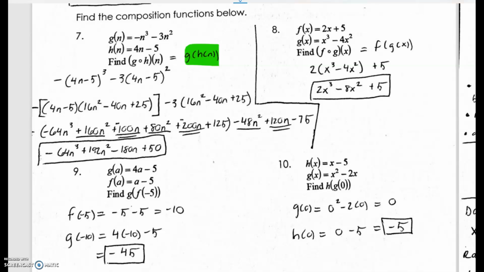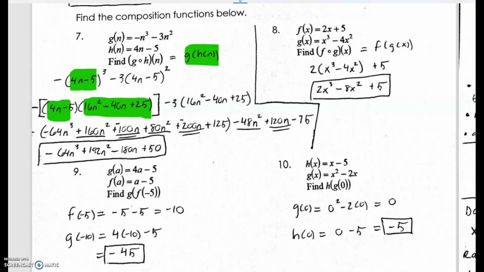When you do that though, when you plug that h in for the input on the g, you see that I have to cube that. And when you're cubing something that's a binomial, that's where it gets a little messy. So I started by just squaring it, which is this, and then I had to multiply that once more by 4n minus 5.